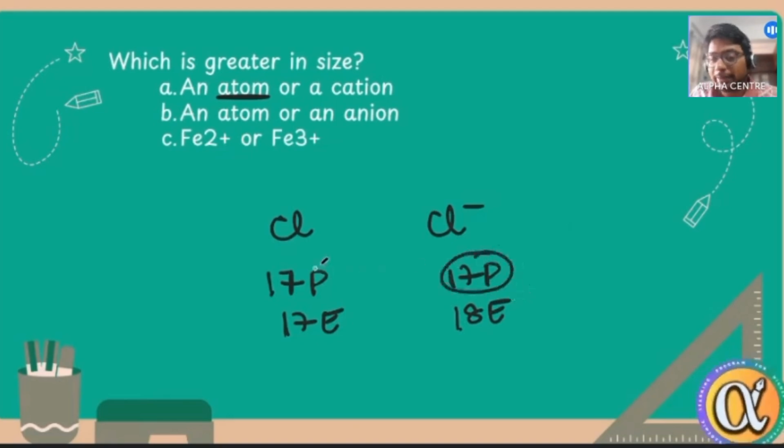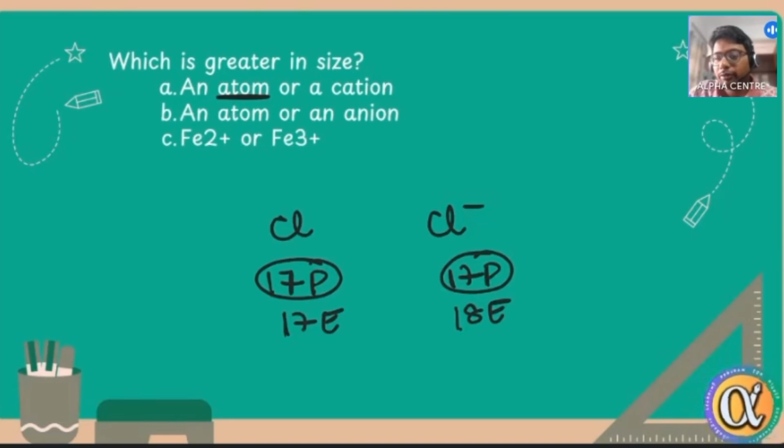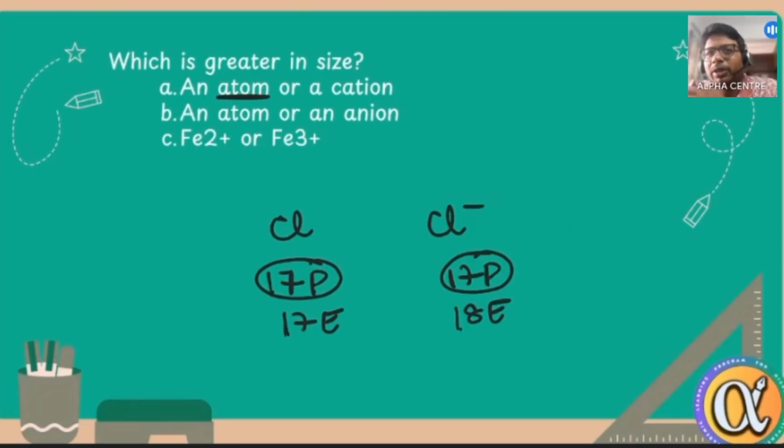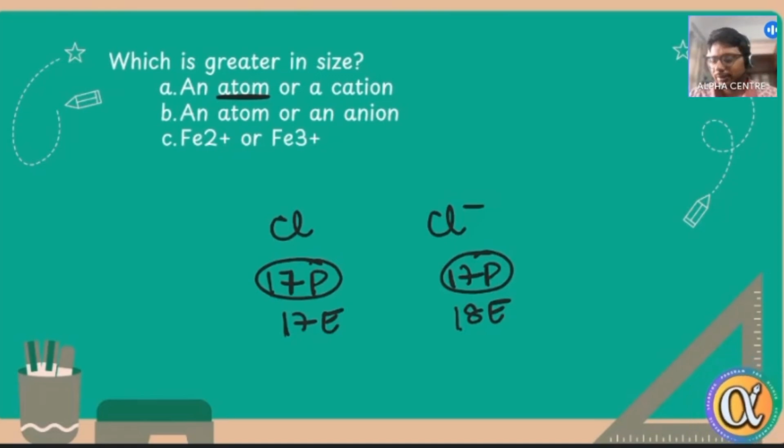Nuclear charge is the same for both, but now it needs to pull a greater number of electrons, right? Its effort gets distributed more among the 18 electrons, so it won't be able to pull them that efficiently. So yes, it is the ion which is bigger.